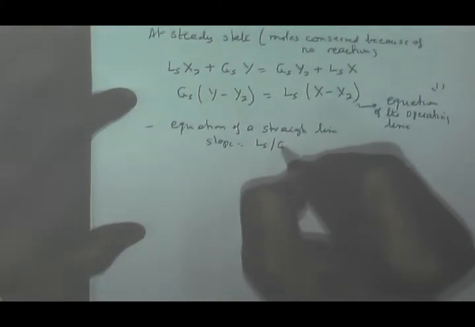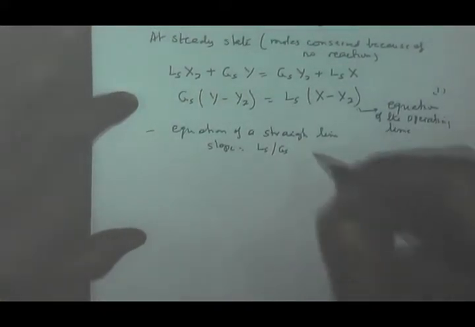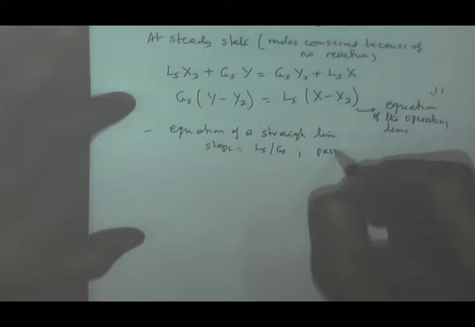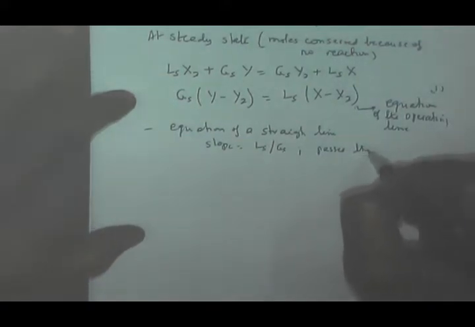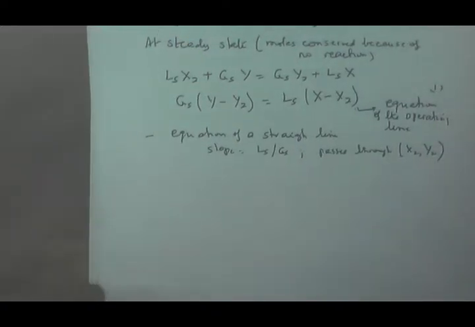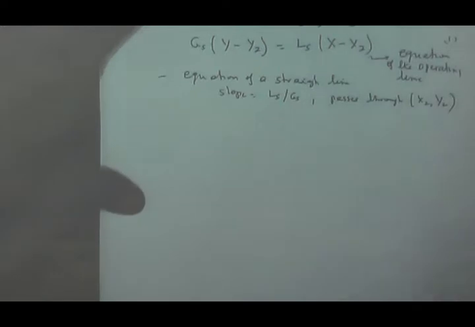Slope is equal to Ls by Gs, and it passes through the point x2, y2. So let's see what is happening on a plot.